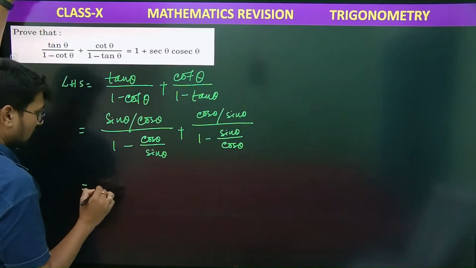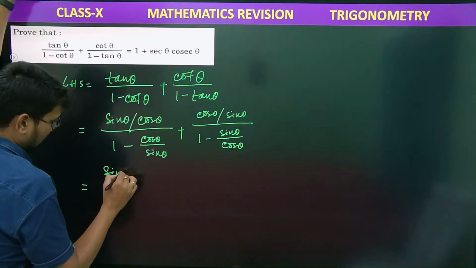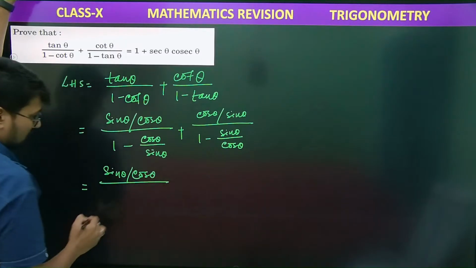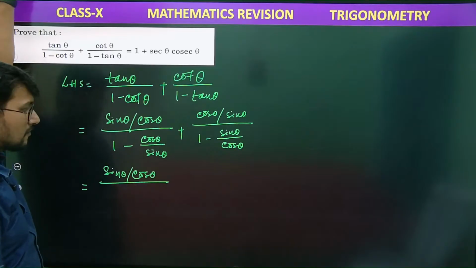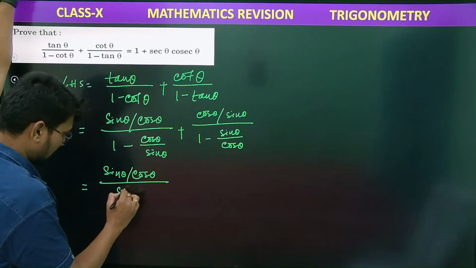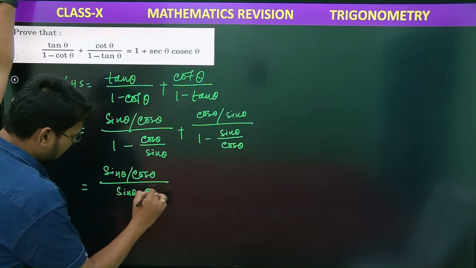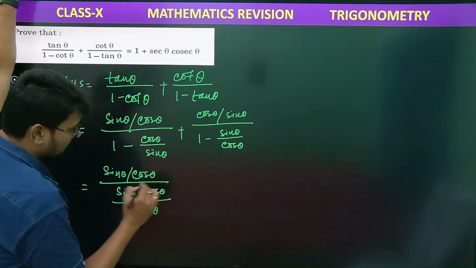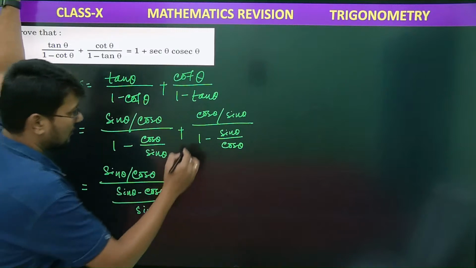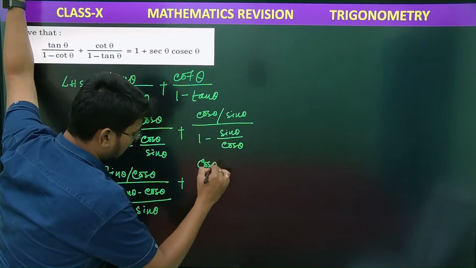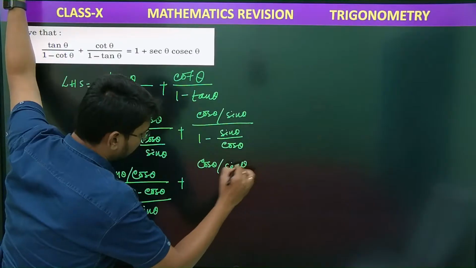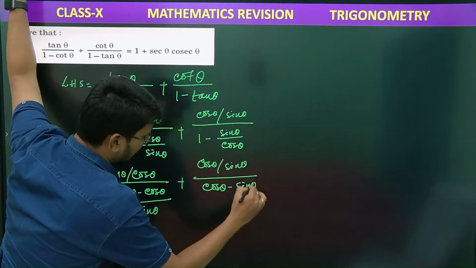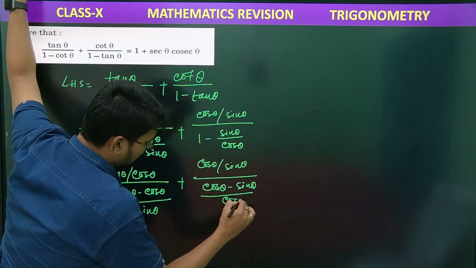Now sin theta by cos theta. LCM, so it will become sin theta minus cos theta whole divided by sin theta, plus cos theta by sin theta whole divided by cos theta minus sin theta whole divided by cos theta.